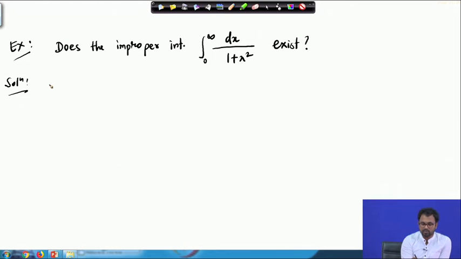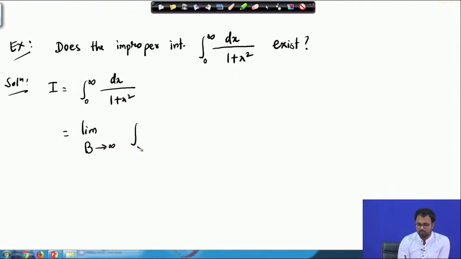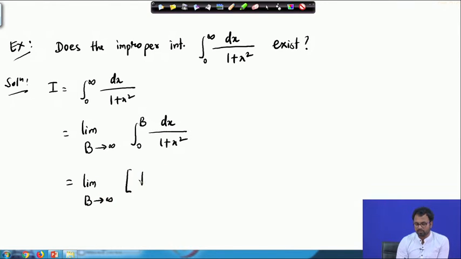the value of this integral, let us write it as I, would be equal to this limit, limit b goes to infinity, integral from 0 to b dx by 1 plus x square. Now, integral of dx by 1 plus x square is tan inverse x.